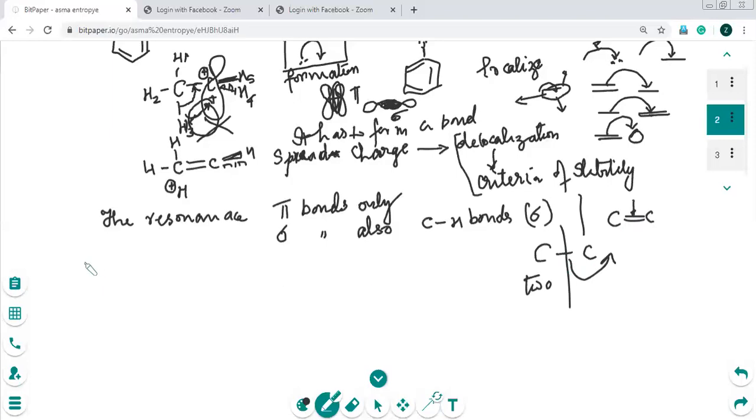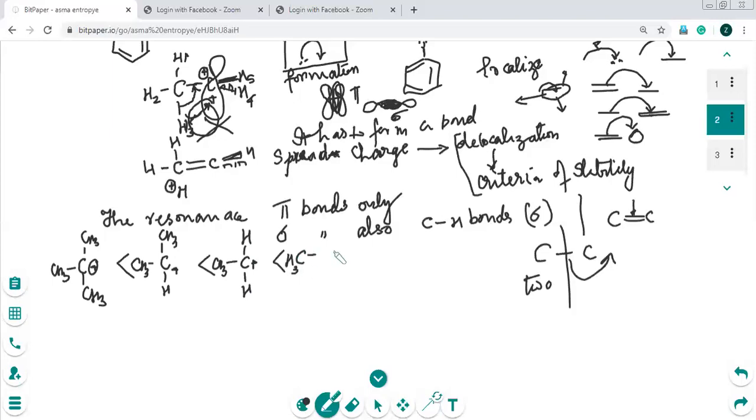Now see here. I have a carbocation. This you must have seen in the book. What's the difference between these three? Tertiary, secondary, and primary.